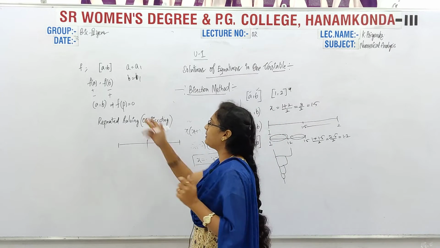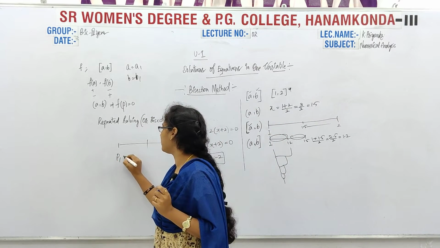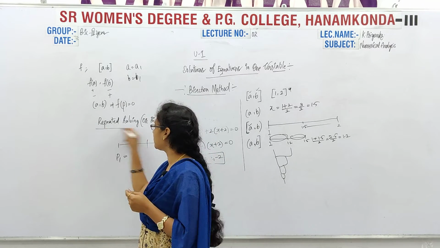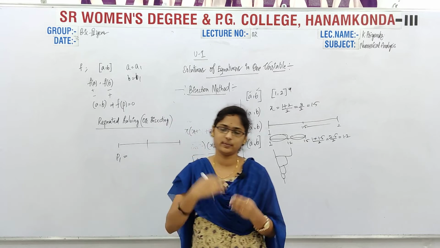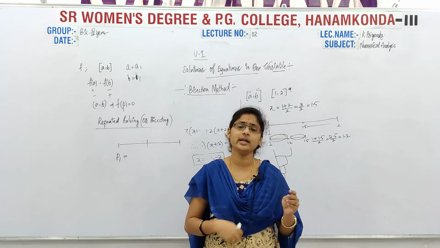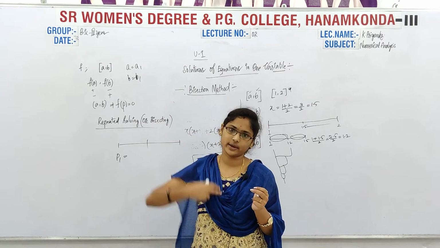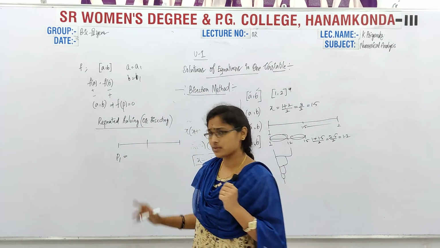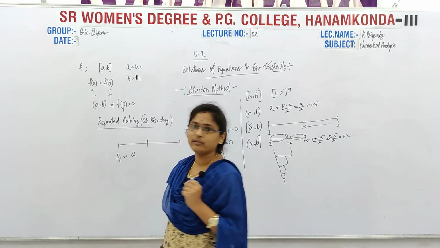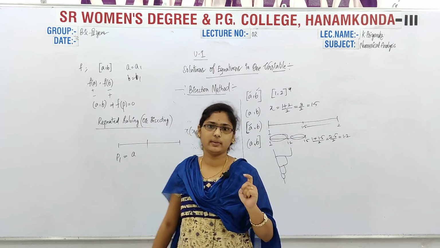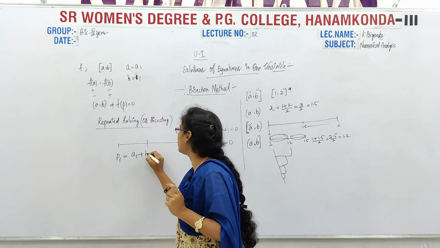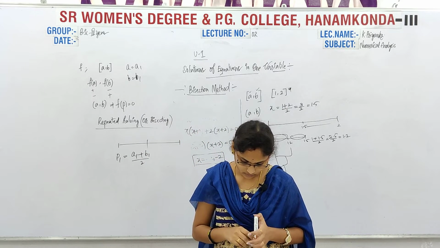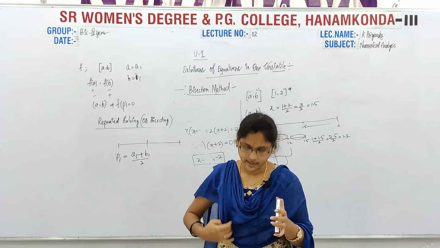Every time the p value will be changed. For the first time p1 is equal to one value, and for the next repeated, p2, p3, p4, p5 like that. That's why they are mentioning clearly. Here p1 is equal to the midpoint value, a plus b by 2. So a1 plus b1 by 2, and here we will get one value.